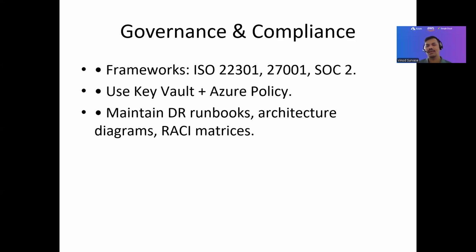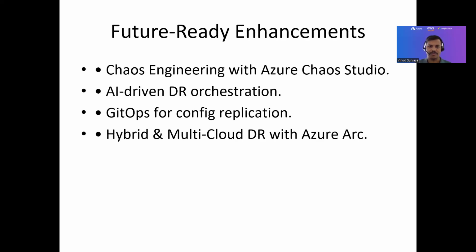So these are the capabilities that put the systems behind governance and compliance, right? So we want to stay intact with that as well so that we are not lacking behind and should not be fined by the compliance and regulatory authorities.